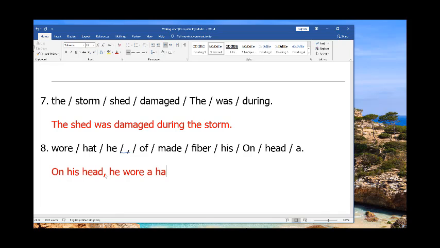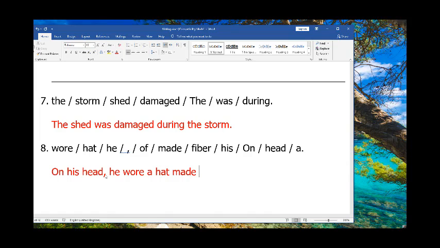Excellent. A hat. What about this hat? It's what? I still have made and of and fiber, right? So this hat is made of fiber. This is the name of the material that the hat was made of. So on his head, he wore a hat made of fiber.